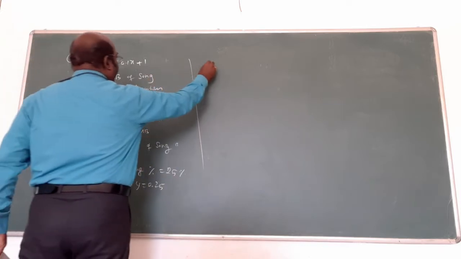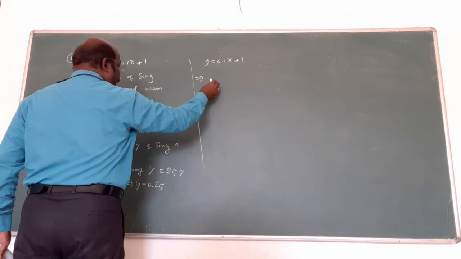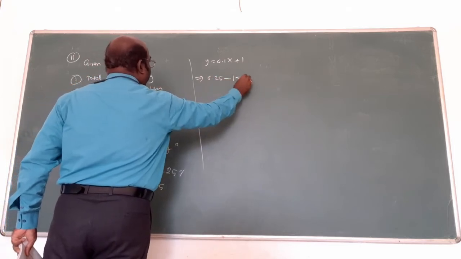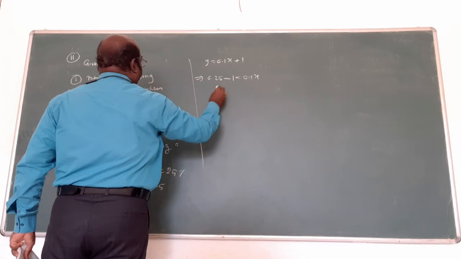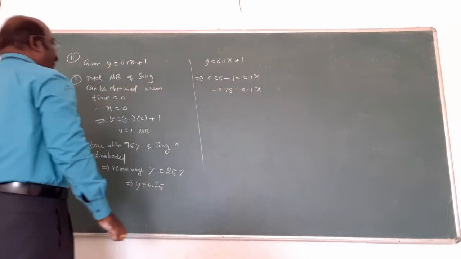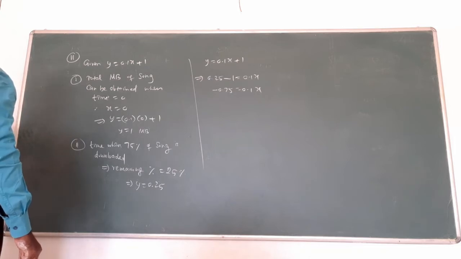Therefore, this is the equation. Which implies 0.25 minus 1 equals 0.1x. We want x.